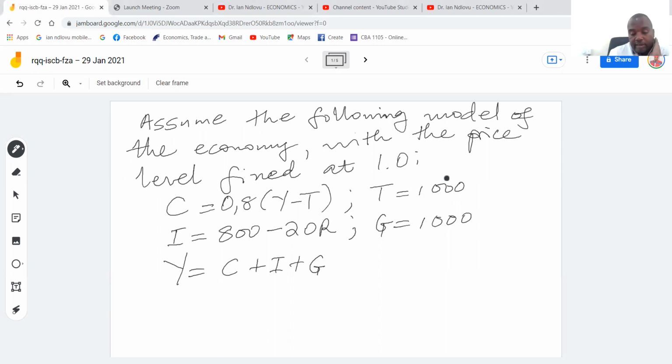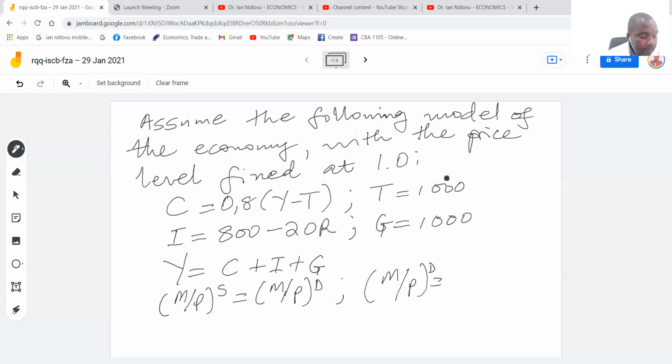So we assume that the equilibrium condition for the IS curve is Y is equal to C plus I plus G. And then in the steady state, we assume that real money supply, which is M over P, is equal to real money demand, and that our money demand function, M over P, is equal to 0.4Y minus 40R, and that our money supply, which is an institutional variable, is fixed at 1,200. It is fixed at 1,200.